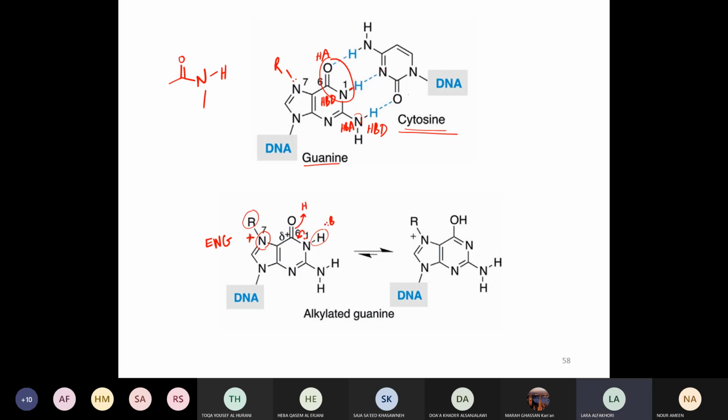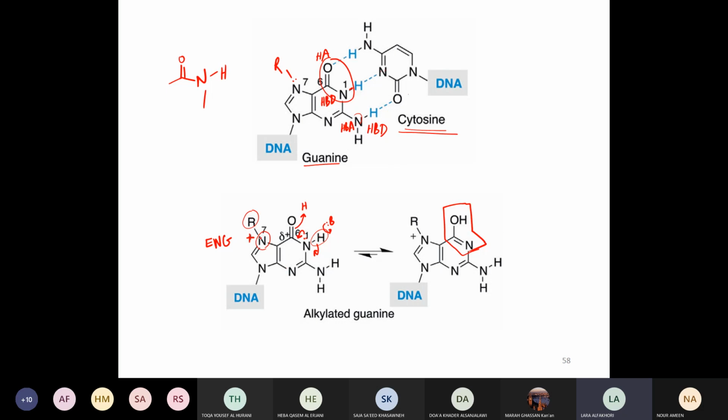Any base can take up this hydrogen, giving rise to this other form of the amide. Now normally in guanine, the dominant form is the amide, not the enol amide form.